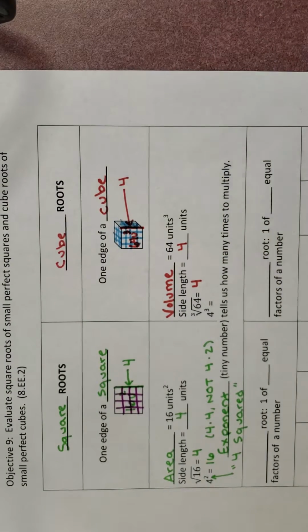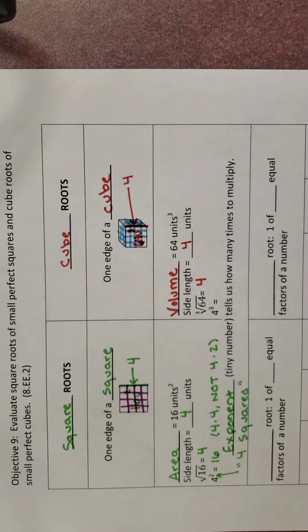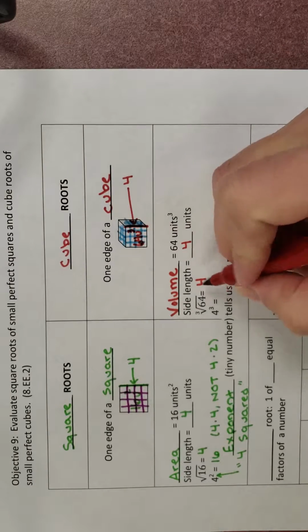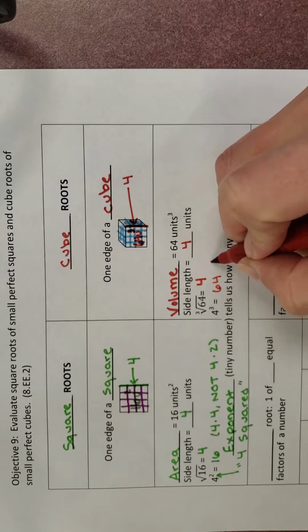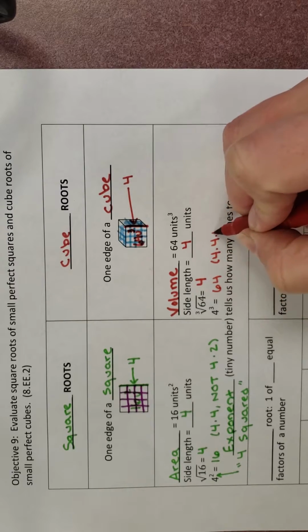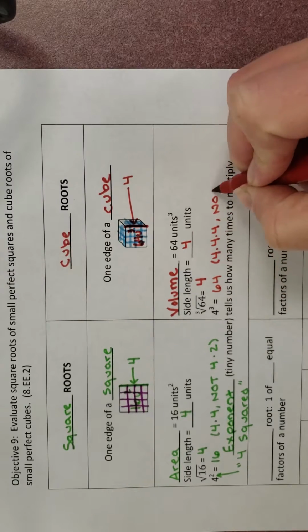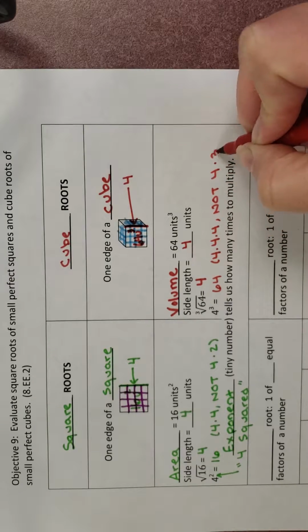So the side length is 4, the cube root is 4, or we could say the reverse, 4 cubed is 64, which is 4 times 4 times 4, not 4 times 3.